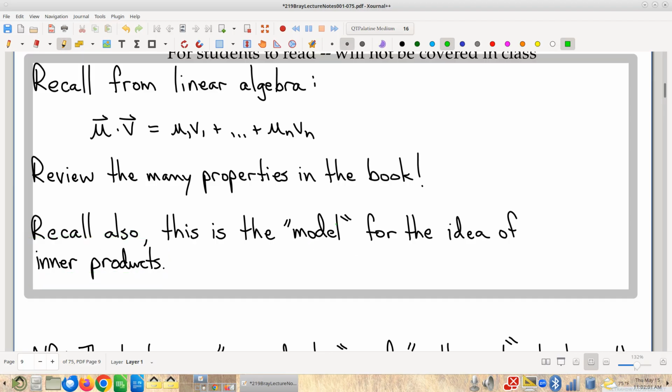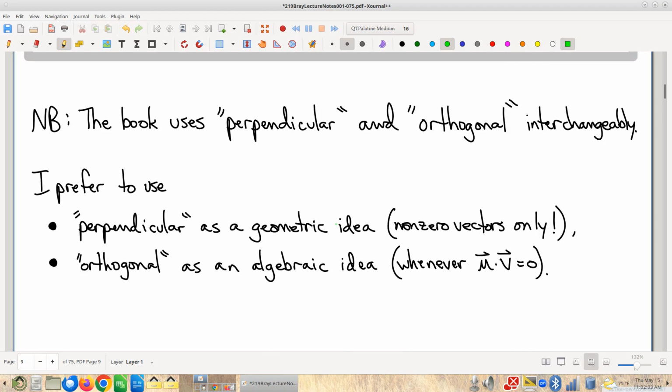Okay. All righty. Now, I do want to say some things about these terms, perpendicular and orthogonal. What do these terms mean? Well, ultimately, definitions are arbitrary, and so different people make different choices in how to define these. Slightly, ever so slightly different.